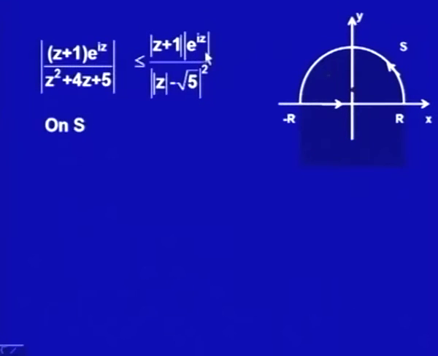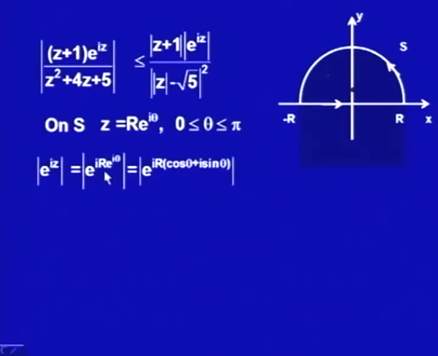Now, e to the power iz on S we would be writing as e to the power i r e to the power i theta, because the semicircle S is r e to the power i theta in the parametric representation, for theta lying between 0 and pi. Writing e to the power i theta in the similar manner as cos theta plus i sin theta, what we would be getting is the absolute value of e to the power i r cos theta into e to the power minus r sin theta, where the first factor is 1. So, again we would be getting e to the power minus r sin theta.